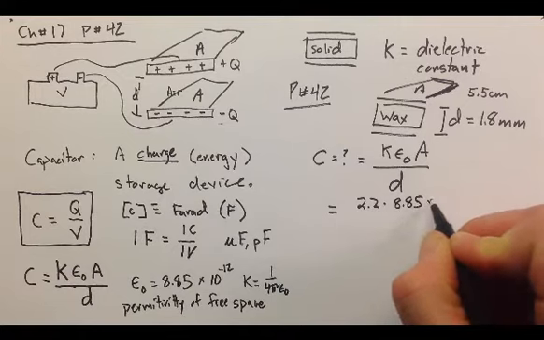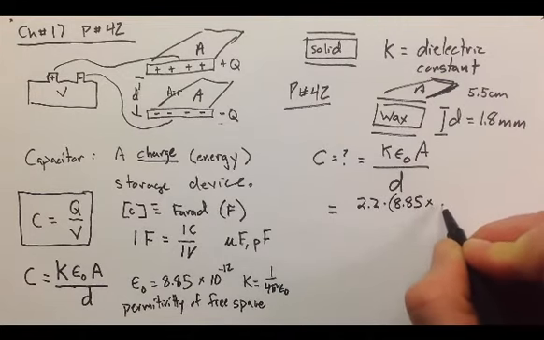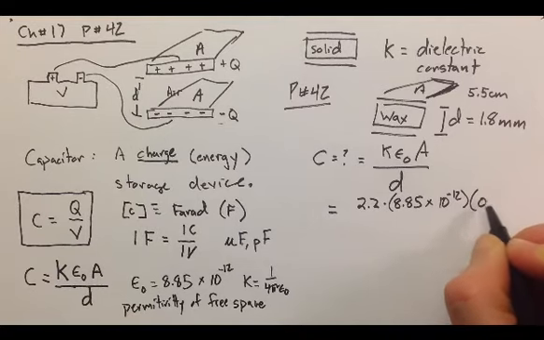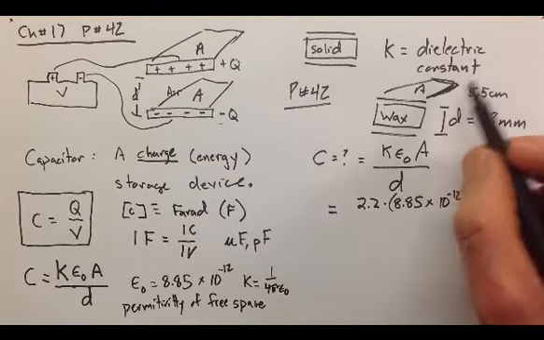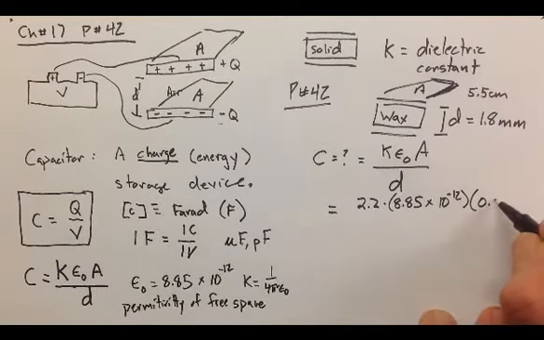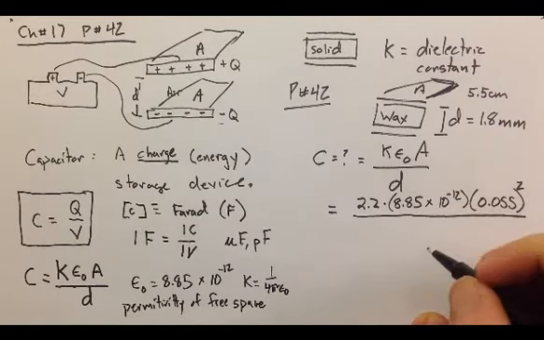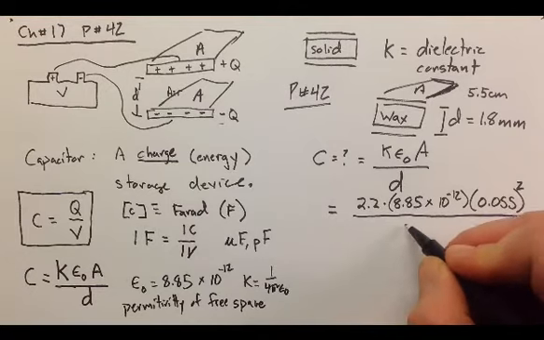We've got our permittivity of free space, 8.85 times 10 to the minus 12. We've got our area. So area would just be the length of one of the squares squared, right? So 5.5 centimeters is 0.055 meters. Square that. And divide that by the distance between the two.